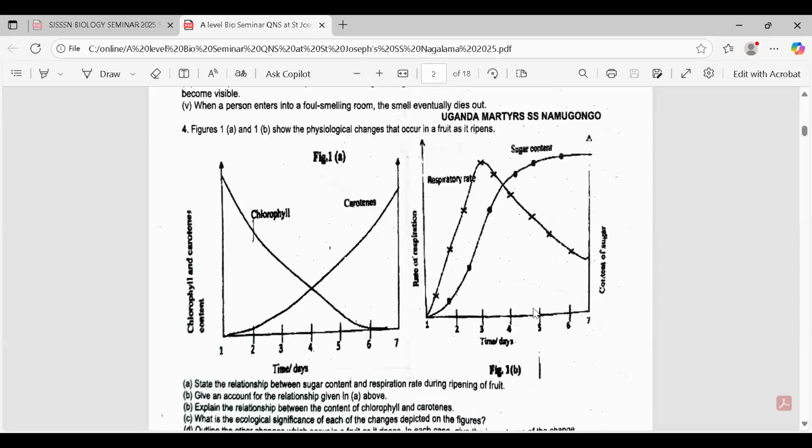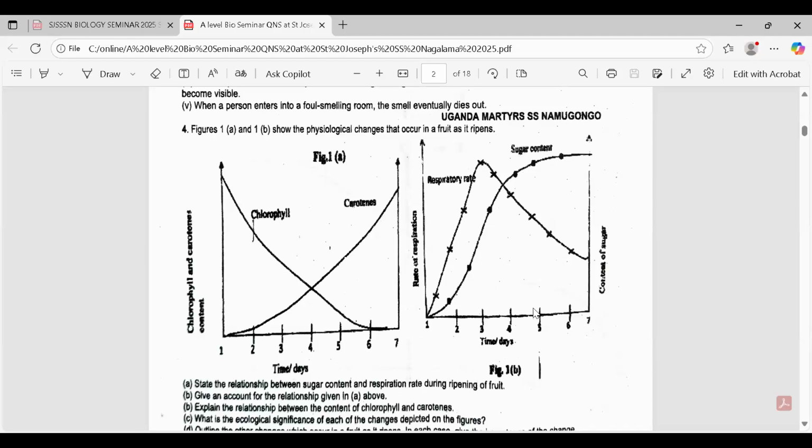At times when they ask you to first describe, and you've described in part 1, then in part 2 they ask you to explain, there is no need of describing. But remember, you must explain the trend. There is no way you'll jump on an explanation without understanding what you're explaining. So even if they have not asked for the description of the trend, first describe the trend, then you explain.